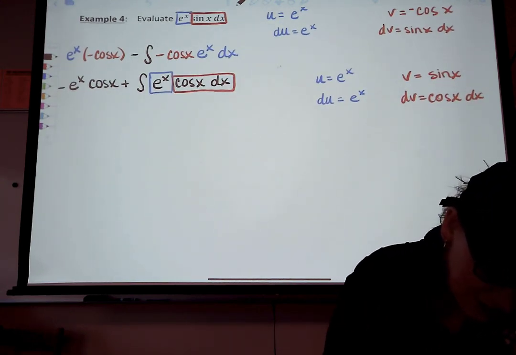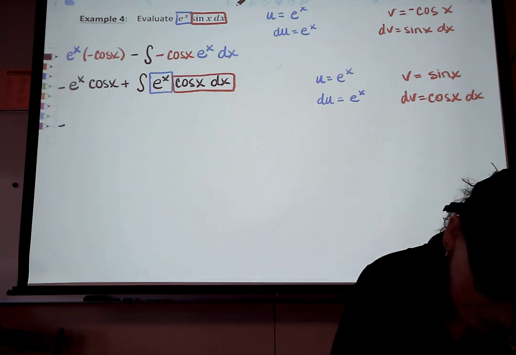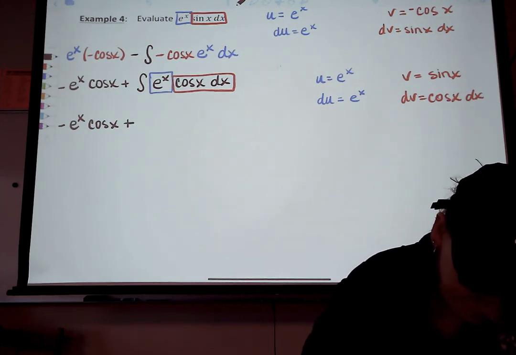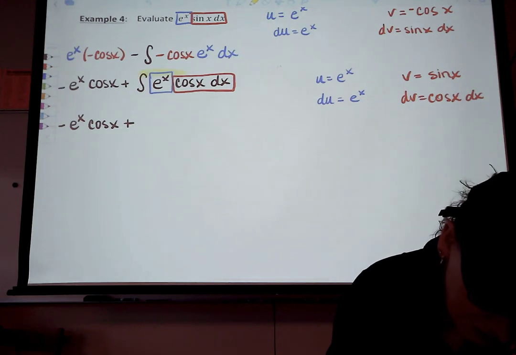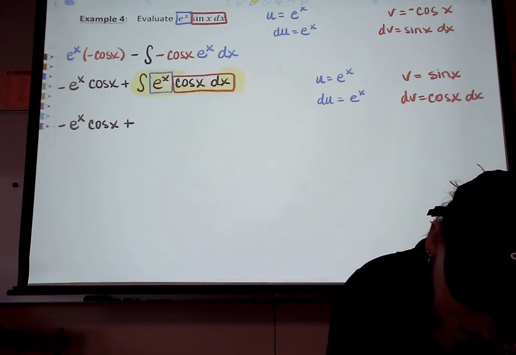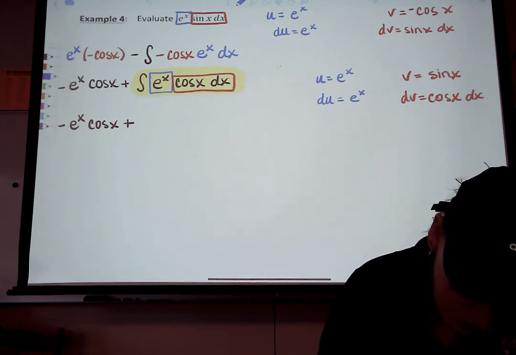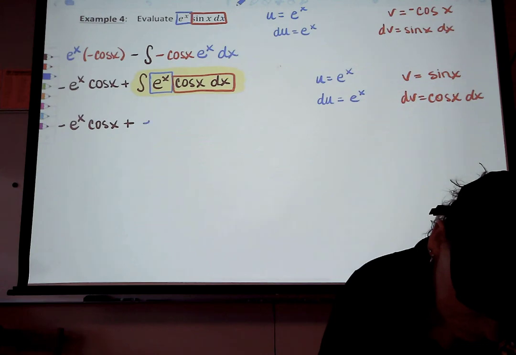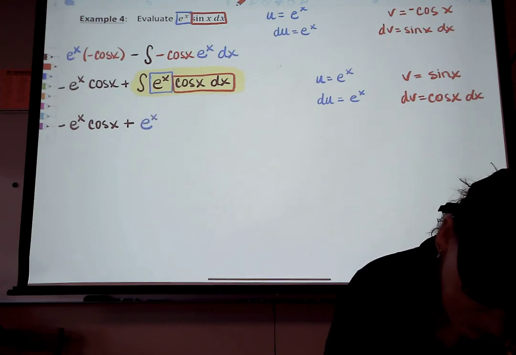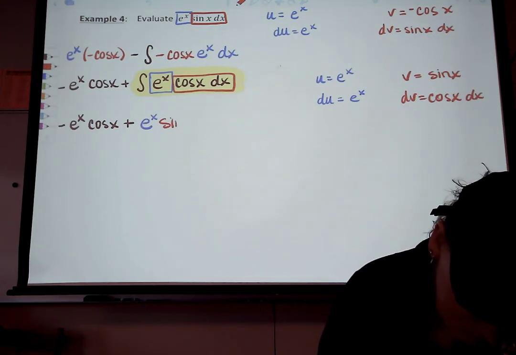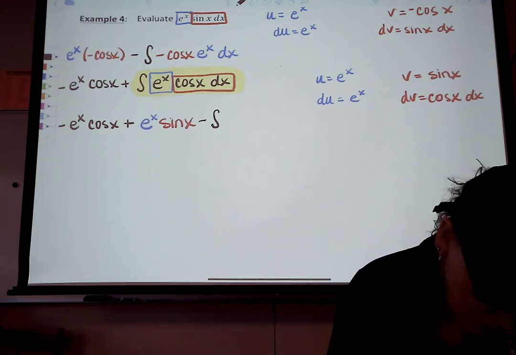All right, so everything that's in black is going to stay the same. So I got negative e to the x cosine x plus. Now, this integral, I'm going to use uv minus the integral of v du.